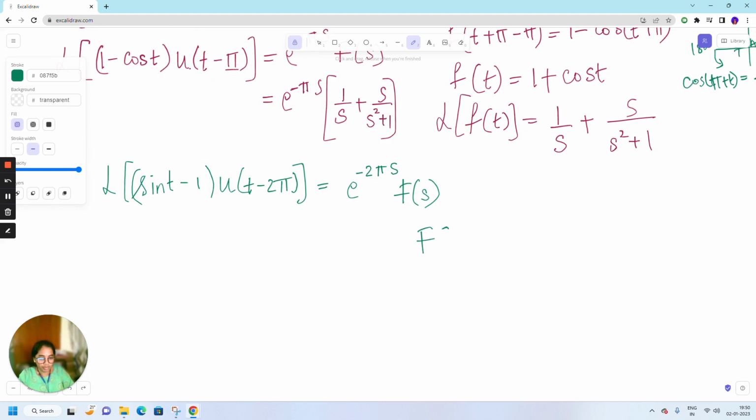So our f of s is equal to, first what should I do? I would have to find what? f of t, right? But we have in the question f of t minus 2 pi. f of t minus 2 pi is equal to how much?